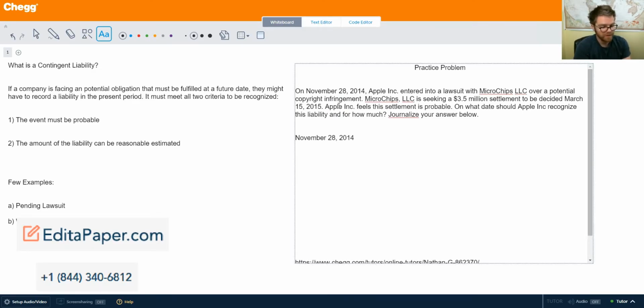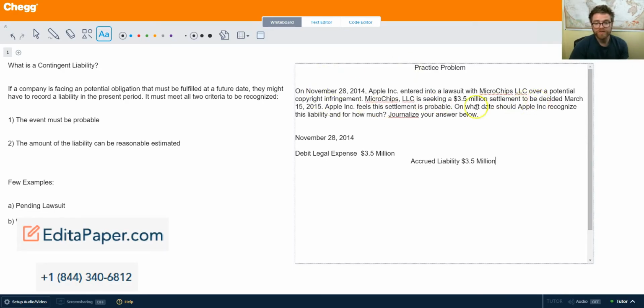They're going to go ahead and debit a legal expense for $3.5 million, and they're going to go ahead and credit an accrued liability. So that was on November 28th because they believe that is going to be contingent on the outcome of this settlement. They believe it's probable it's going to happen and they can reasonably estimate the amount.